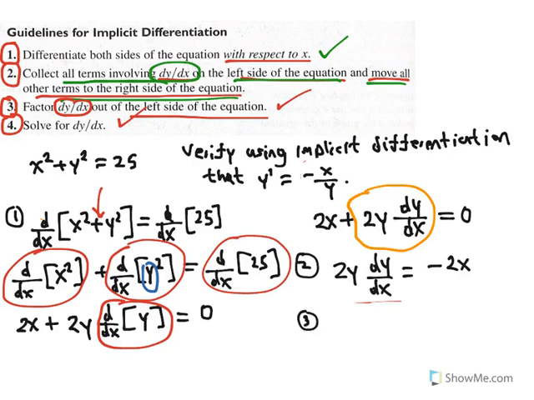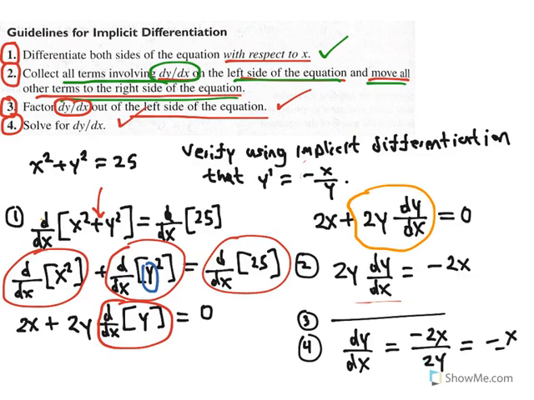So 3 is nothing to do, and 4, we're going to solve for dy dx by dividing both sides of the equation by 2y. So that gives us negative 2x divided by 2y. The 2 and the 2 will cancel, and of course, what do we get? We get dy dx is negative x over y.